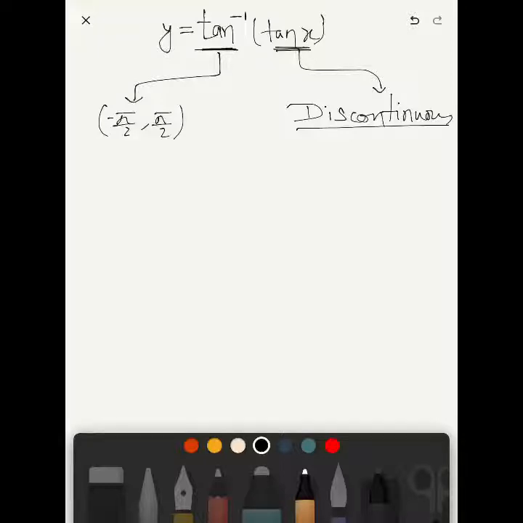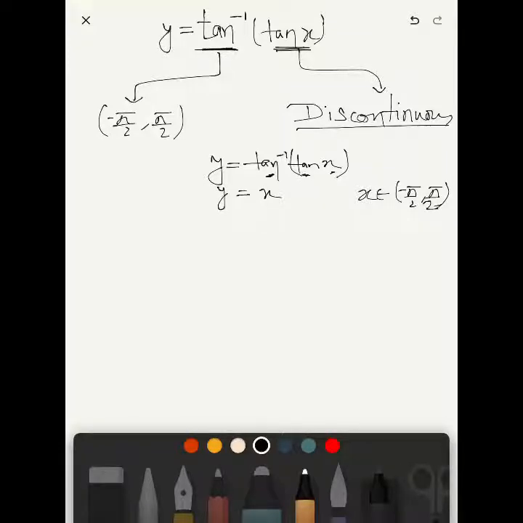So let us first see y equals tan inverse tan x. When your x belongs to the principal domain, okay, this function inverse and this function will get cancelled out and you are left with x. So y equals x.